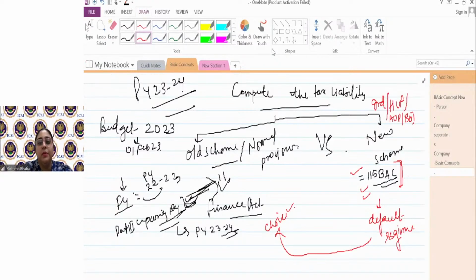Gross total income is the sum of income from different heads of income. Clubbing matlab, guys, I just told you, it's when some other person's income is included in my income, like for a minor.